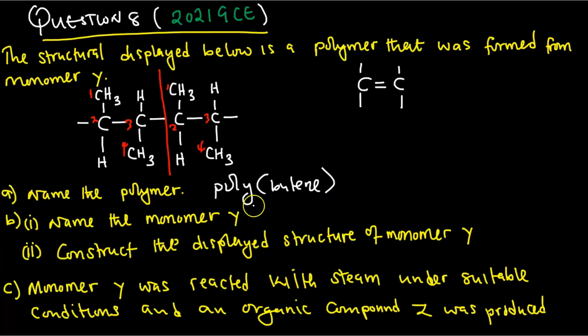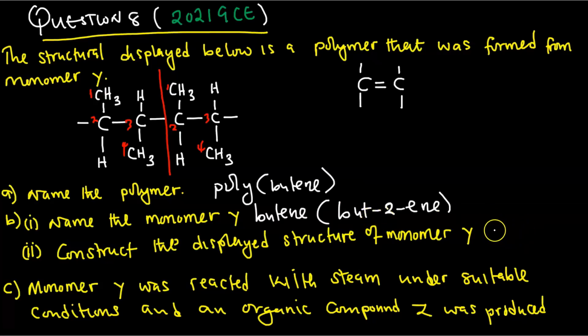Then what is the name of the monomer? The monomer is the smallest unit. It's called butene, which I said is but-2-ene, because the double bond was at carbon 2. Construct the displayed structure of monomer Y. This is when you are going to know the importance of writing it like this, because you are going to know where the double bond is going to be.